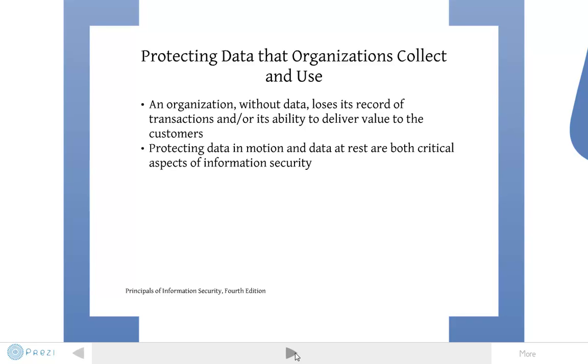All right. An organization without data loses its record of transactions. Well, hello, that's pretty straightforward. And today, we have very few organizations that do not use computerized data to track their operations. So, you don't have to be an Amazon.com or Google to appreciate that. If you lose your tax records, right, that's a huge problem. If you lose your customer information records, depending on the company, that could mean the end of your operation.